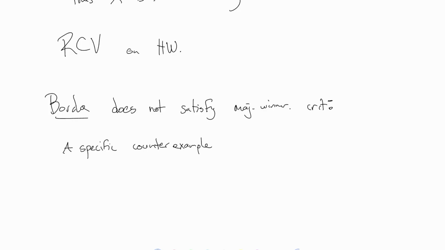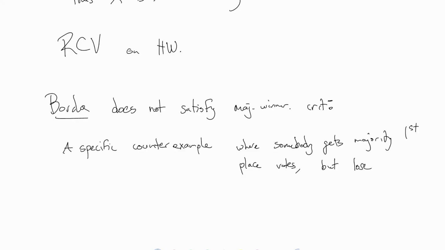A specific counterexample where somebody gets the majority of first place votes, but they do not win using the Borda. So I'll say, somebody gets a majority of first place votes but loses with the Borda.